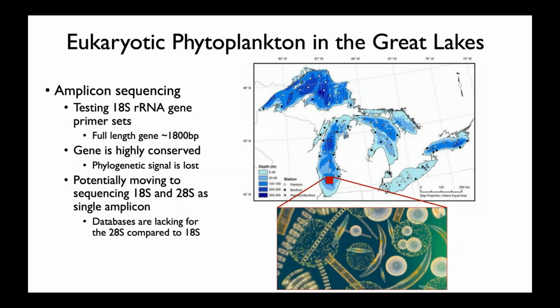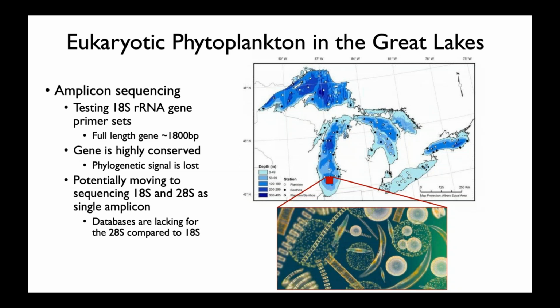And so what we're really hoping to do is use the 18S gene, which is a eukaryotic phylogenetic marker, and amplify that entire gene and say, okay, what do we have in the Great Lakes at which time points? What diatoms or other phytoplankton are we seeing here? And do those match up with the microscopy that my colleagues are doing?